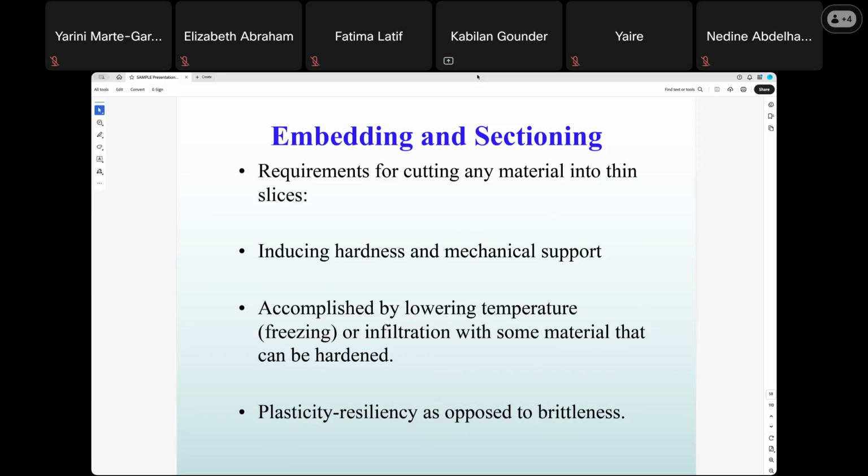Whereas here, every cut has to be the right size, whether it is 5 mm or 10 mm thickness, and we have to make sure of that. So for that reason, you have to hold your samples.